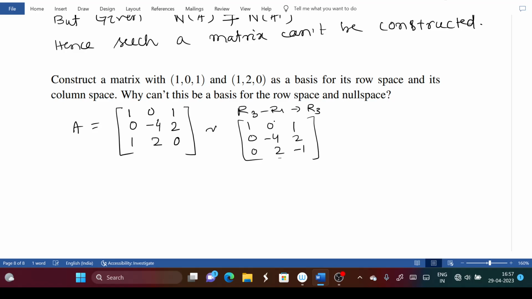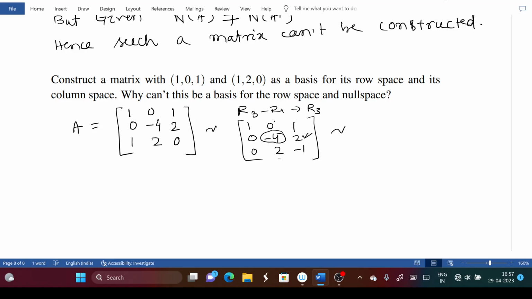To make it singular, I have to substitute here 4. That is minus 2 times this component. So now what I got here? I want to make the singular form now.